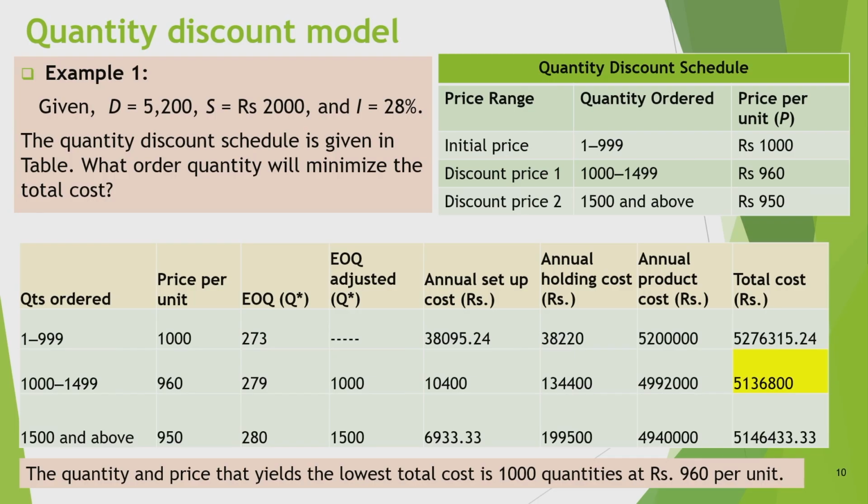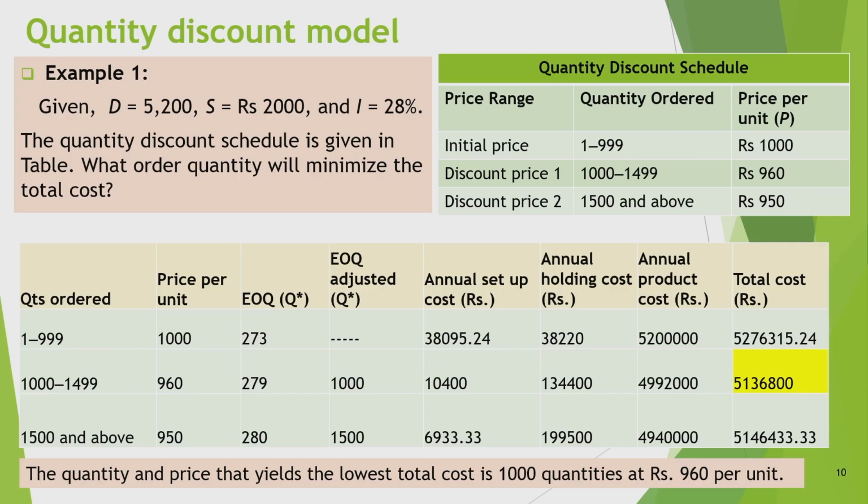Now, quantity ordered: if I order between 1 to 999, the price per unit will be 1000 and then EOQ comes out to be 273.